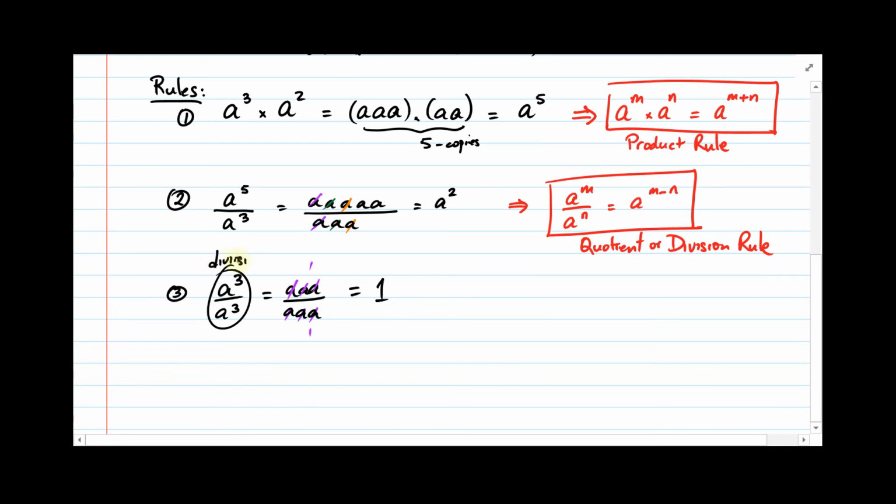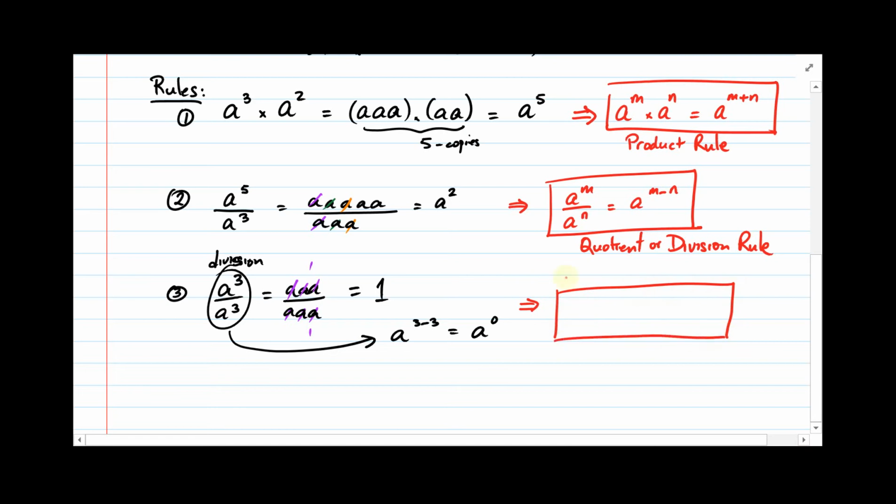So if it's a division, I can use the division property and subtract the powers. But that would lead me to get a to the 3 minus 3, which is a to the 0. So this shows that I have what we call the 0 exponent property. a to the 0 is equal to 1. Or the 0 power rule, or 0 exponent rule.